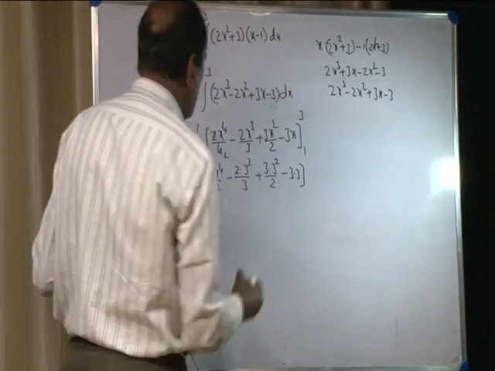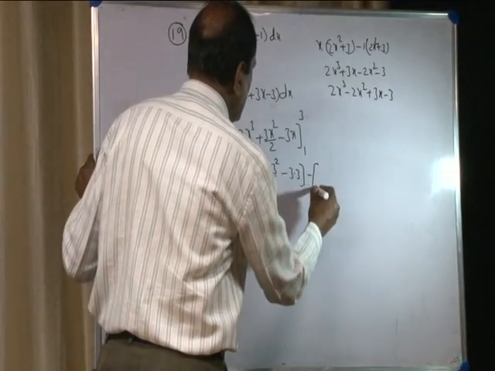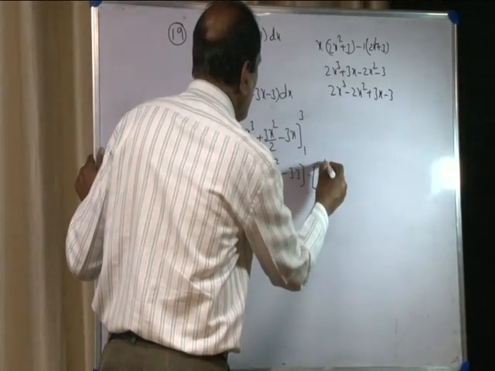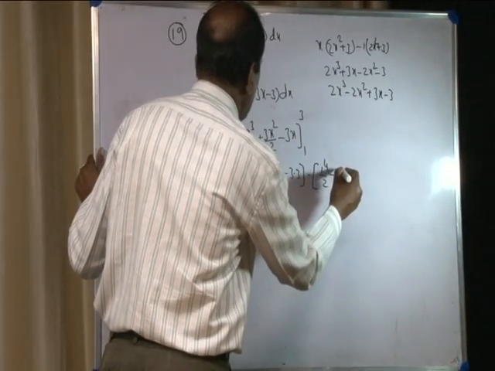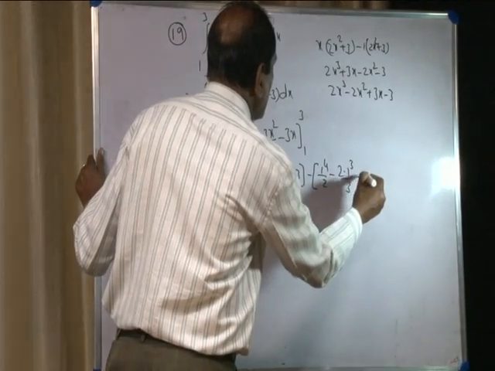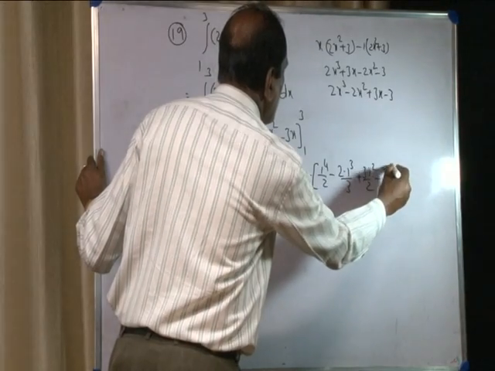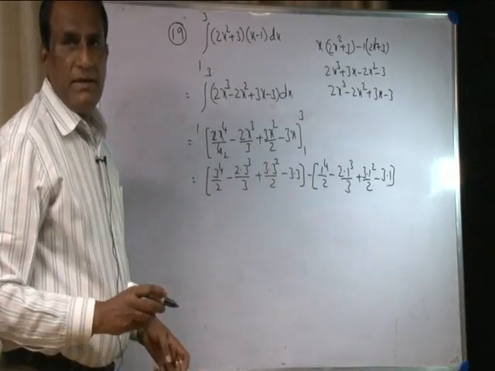This is the upper limit. Minus, 1 power 4 by 2 minus 2 into 1 cube by 3 plus 3 into 1 square by 2 minus 3 into 1. So this is the lower limit.